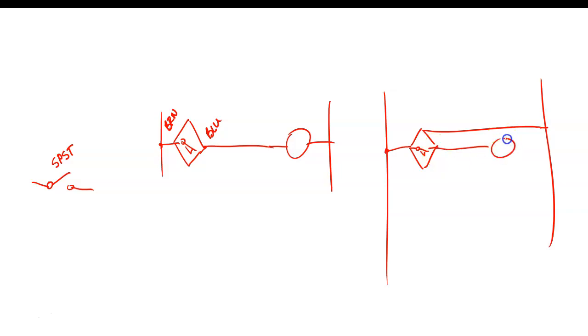And then over here, we'll have this that will go to the load. Now this is going to be brown. This is going to be blue. But this right here is going to be what? That's going to be black.